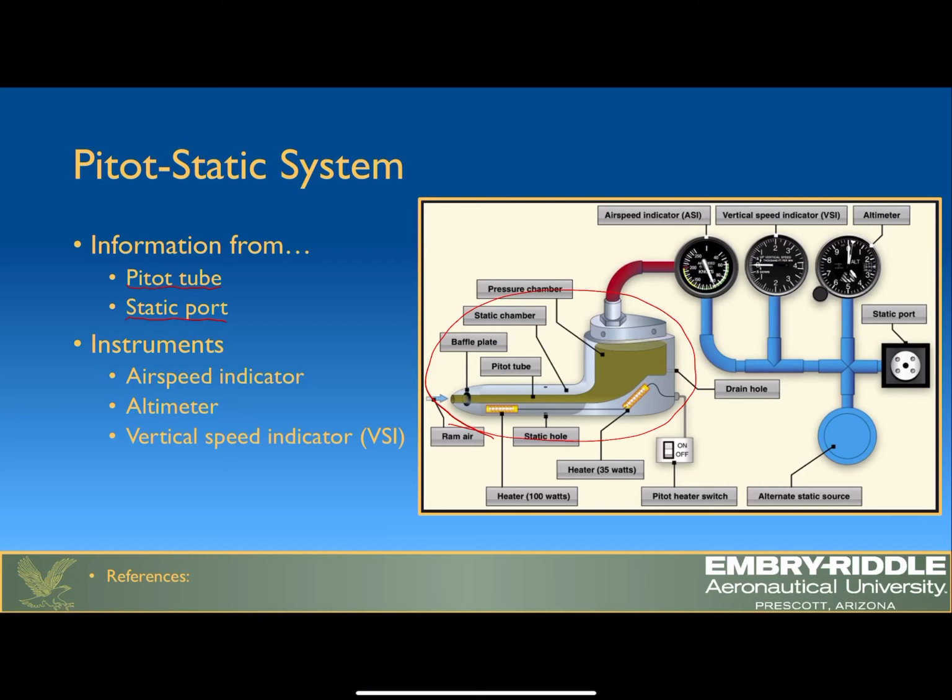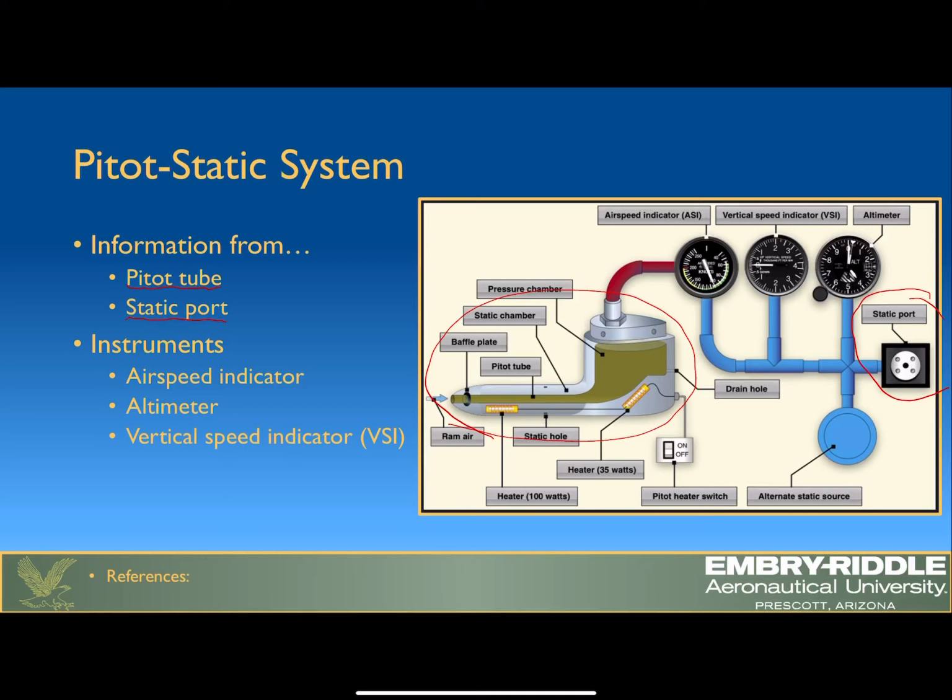And then your static port, that's this guy all the way over here on the right, is on the left side of the aircraft, the pilot side, in front of the door, underneath, kind of below the engine cowling a little bit, but in front of the door is where you would find your static port.